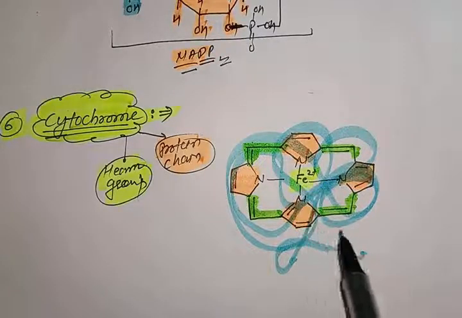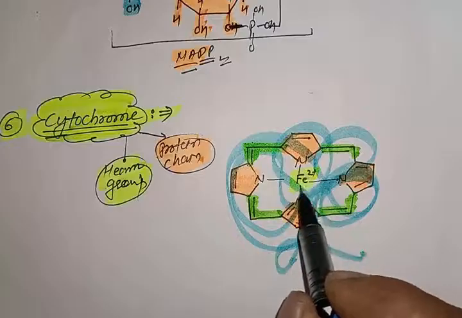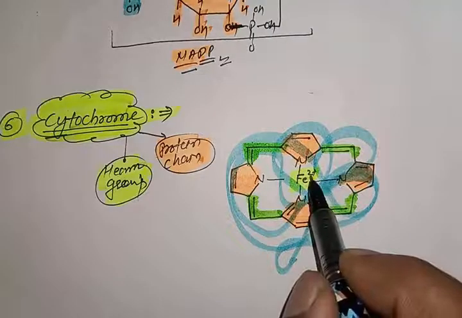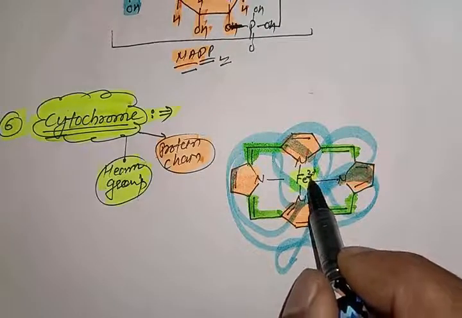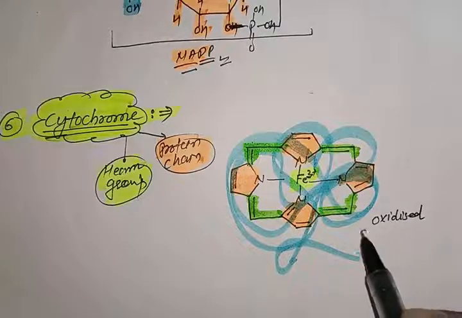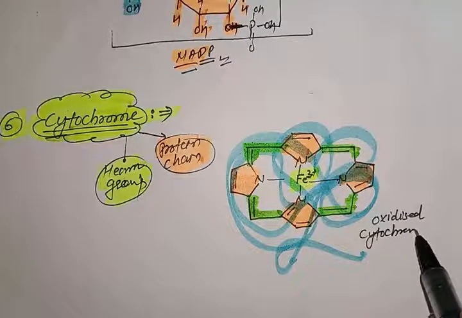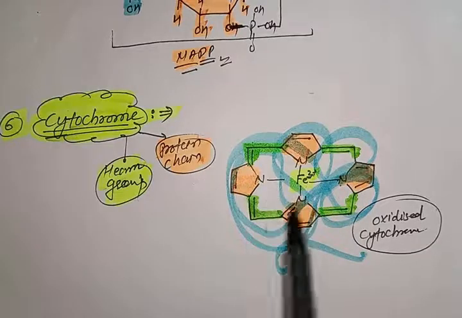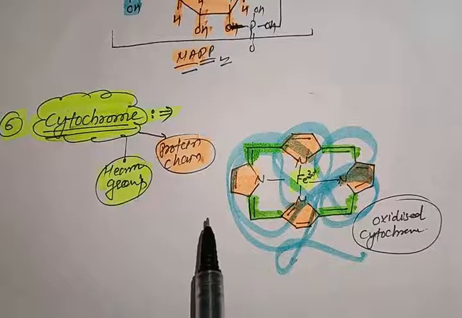This blue shade we can assume like the protein chain. This is the reduced form of the cytochrome, because in this Fe is in +2 oxidation state. When the Fe is in +3 oxidation state, this will become the oxidized form of cytochrome.